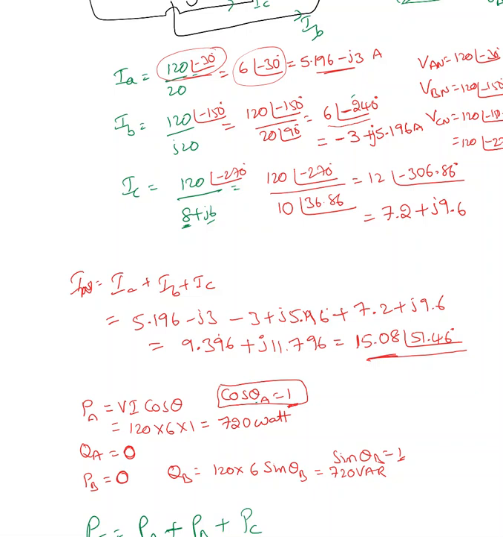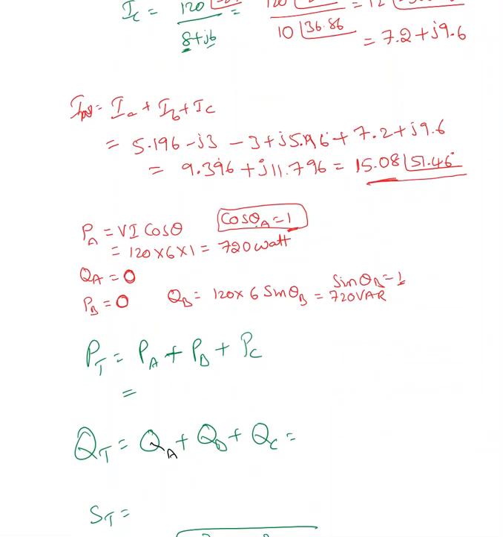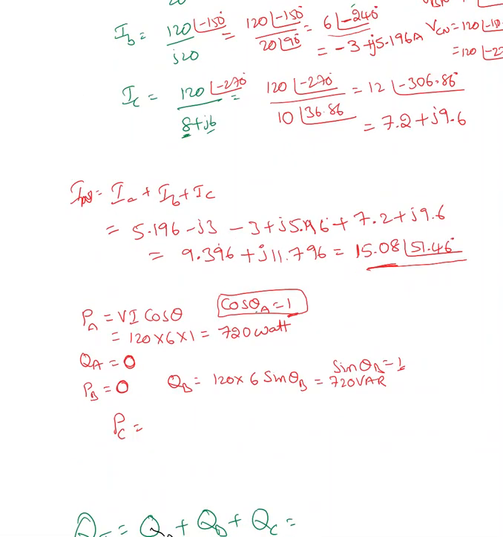Now we'll find PC, the power consumed by load C, which is V of 120 volts, I of 12 amperes, and cos theta. What is the angle between V and I? V is at minus 270, and I is at minus 306. The 36.86 is the impedance angle, so you end up with 36.86, which is the phase angle between VCN and ICN.